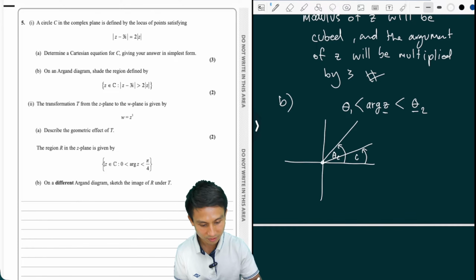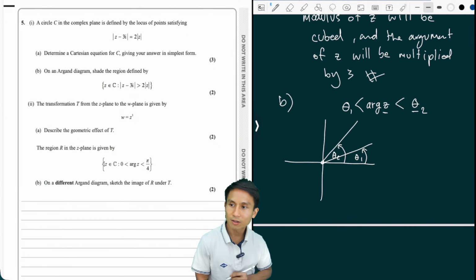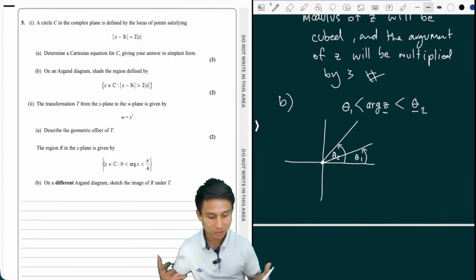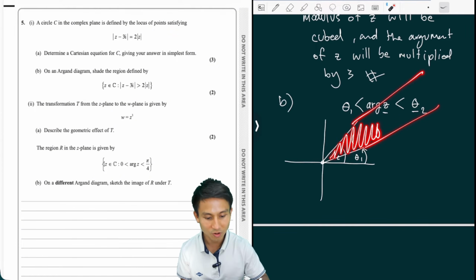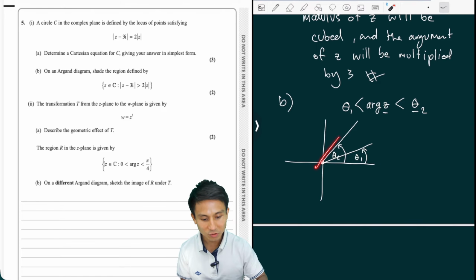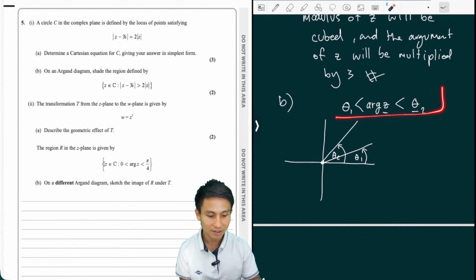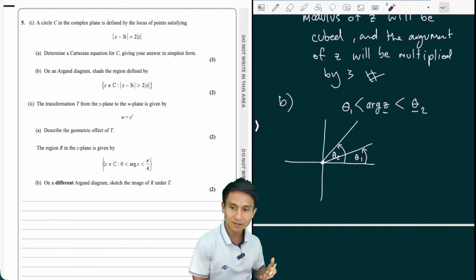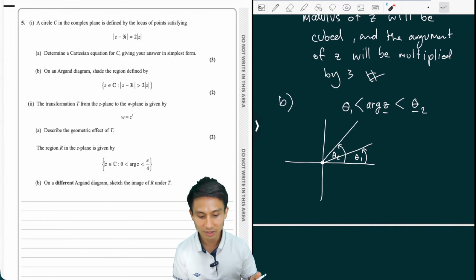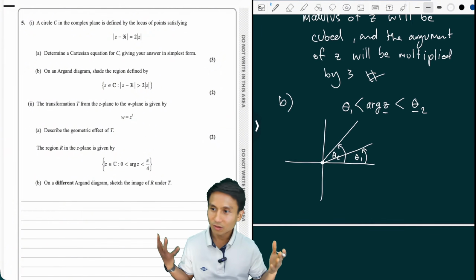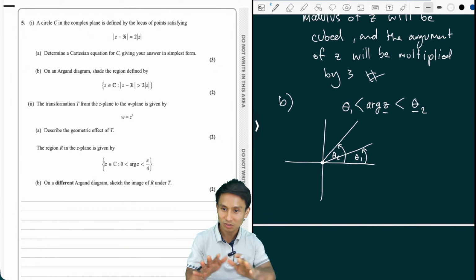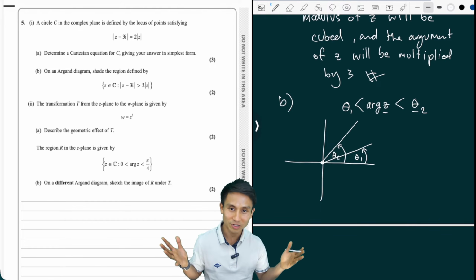If we want to shade the region, it's just going to be in between these two lines. That means you can take any point within this region to satisfy this inequality, the R region here.